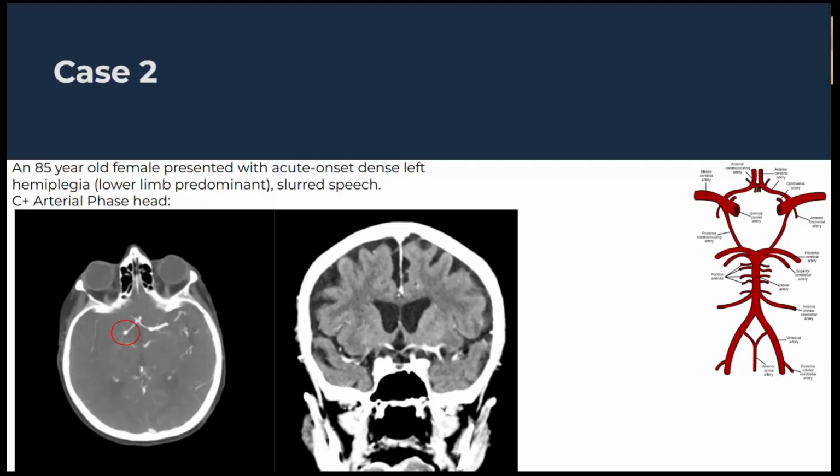She's been given a CT arterial phase, so that's just highlighting the arteries in the brain, and you can see there's a density. Obviously, the blood's going to show up as density because it's an arterial phase scan, but it kind of stops. That's where the circle is.